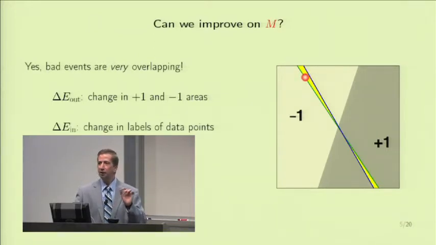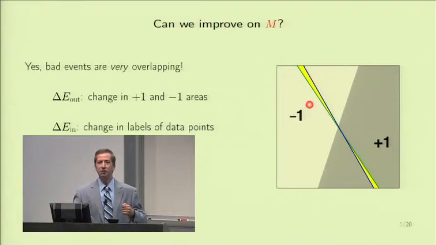Now, the chances of a point falling here is small. So you can see why we are arguing that the change in delta out and the change in delta in is small. The area is small, and the probability of a point falling there is small. Moreover, they are actually moving in the same direction, because the change depends on the area of the yellow part. Let's say that this is increasing.